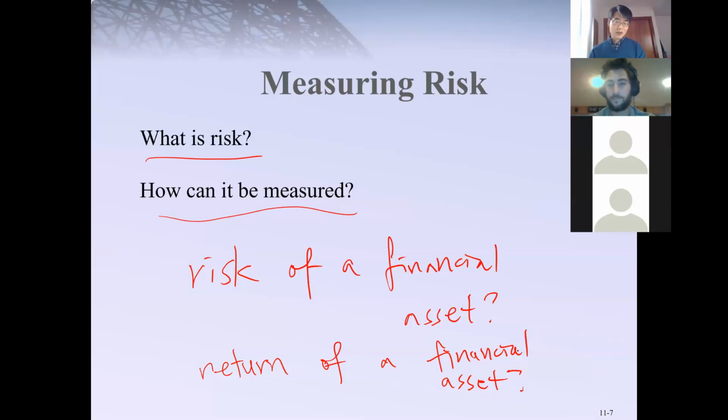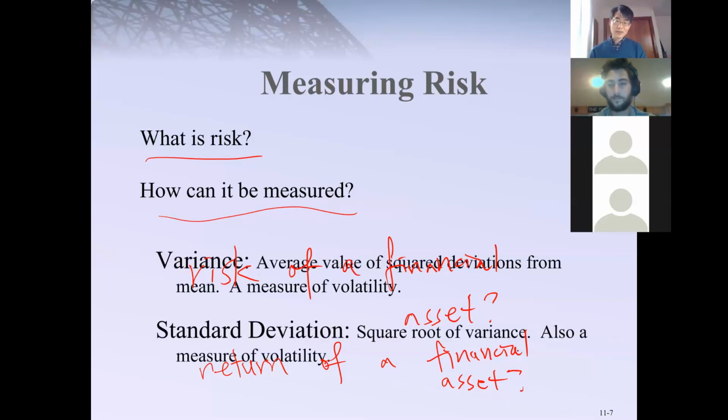Then how do we measure the risk? The risk is the variance. It's the variance of the rate of return. So we have to calculate the rate of return first, and then we have to calculate the variations in the rate of return.